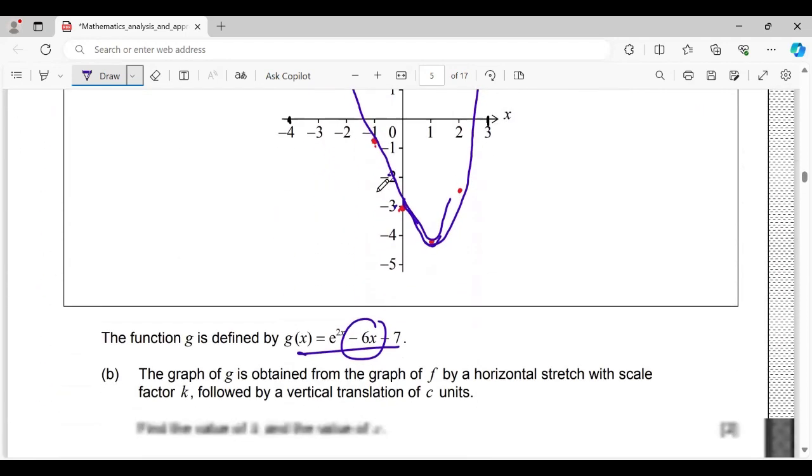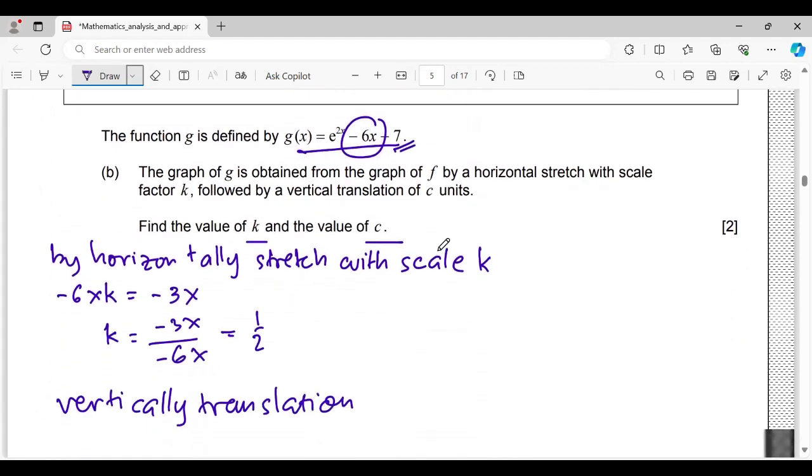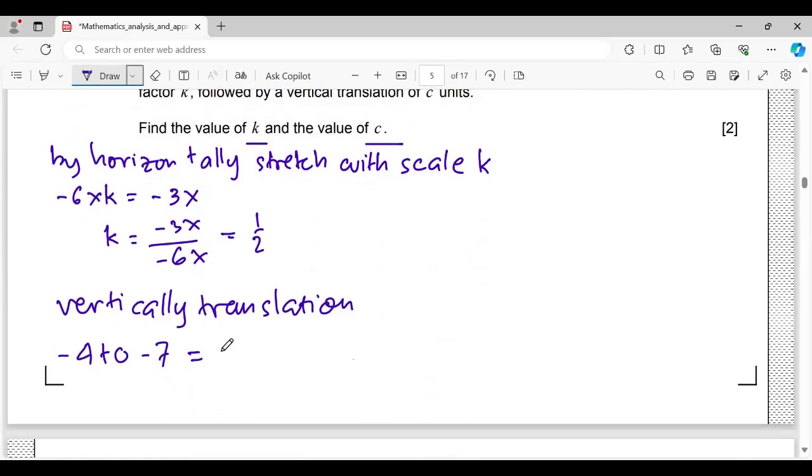After that, plus 0 and then minus 7. So it becomes minus 7 minus minus 4. Okay, so it equals this.